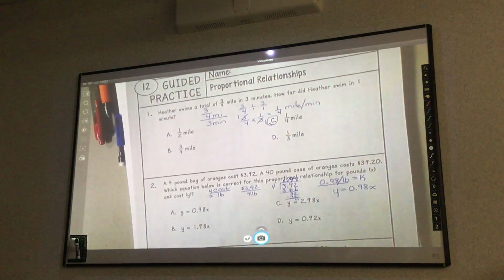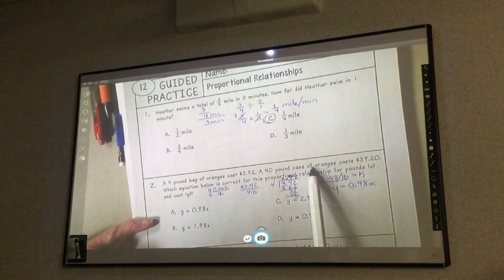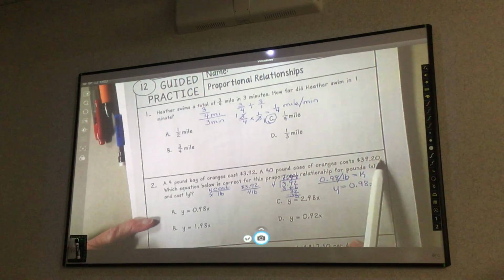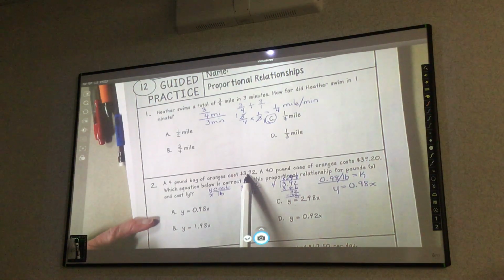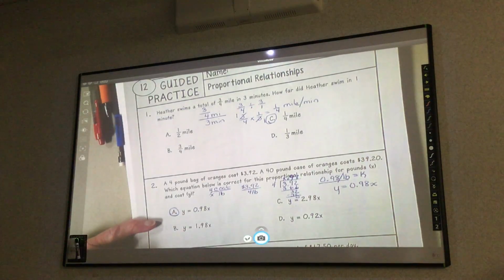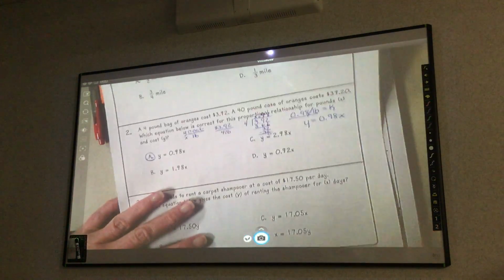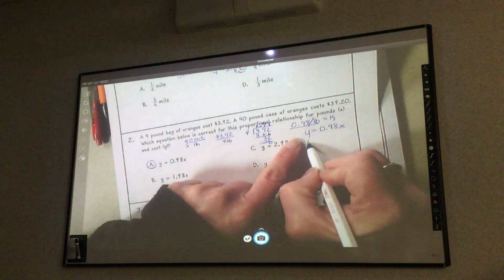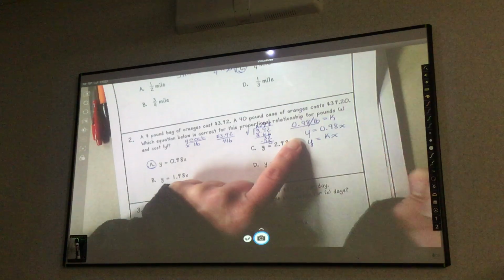Do we have that as an option? Yes. Did I have to figure out the one with 40-pound case oranges cost $39.20? No, because they just multiplied both of them by 10. I'm gonna rewrite this so when I look back at my notes, I know that's y equals kx.